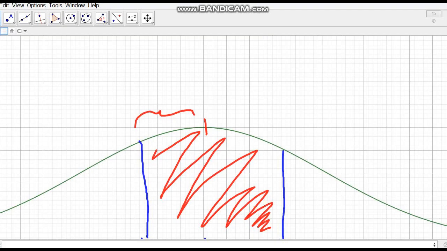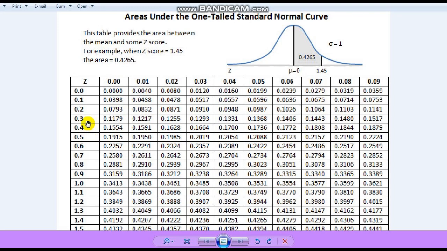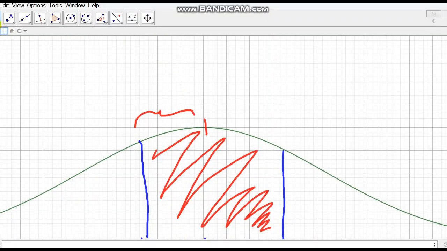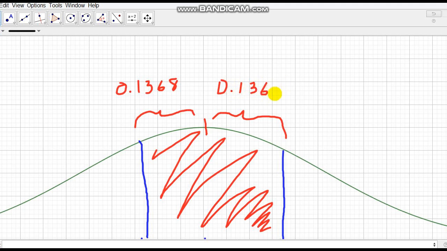So the area from here to here is 0.1368, and the area from here to here is also 0.1368.